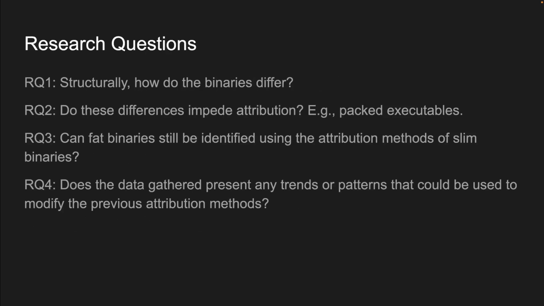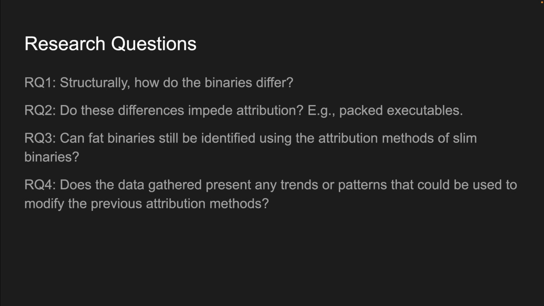So some of the research questions for this study. The first one, structurally, how do the binaries differ? Again, that's going to be looking at the different fat binaries from different compilers, and then also even against slim binaries. Question 2, do these differences impede attribution? Think of things like packed executables.